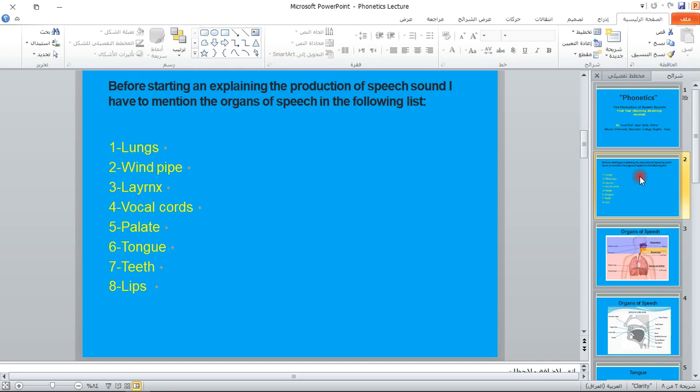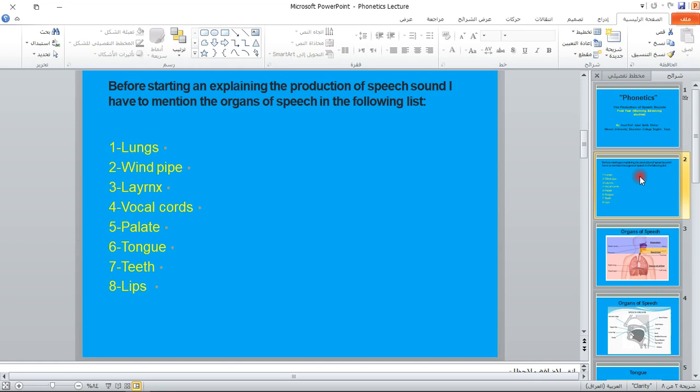Larynx, sometimes called Adam's apple, and we can consider it as the sound box in our body. It includes vocal cords. Vocal cords are two small bundles of elastic tissue, and they are a movable organ of speech.